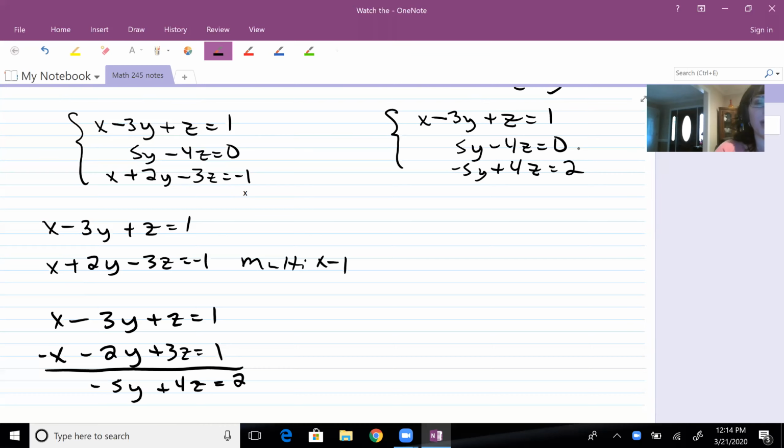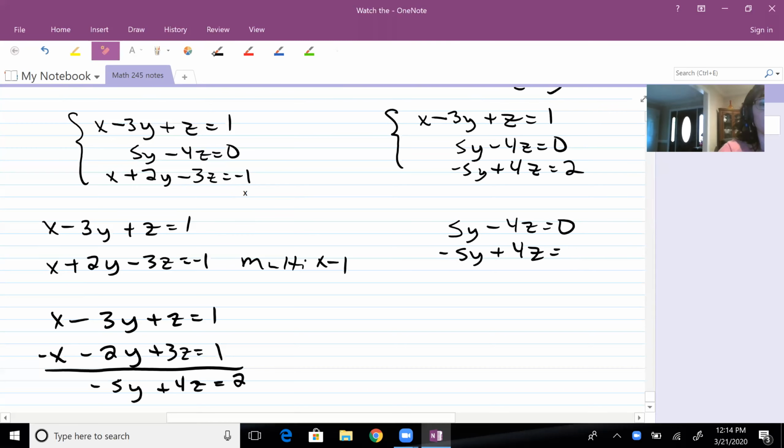So as we get to the third step, we use the second and the third equations. And we need to get rid of the y. Lucky for us, the y's are already going to cancel out, so I don't need to alter the equations.